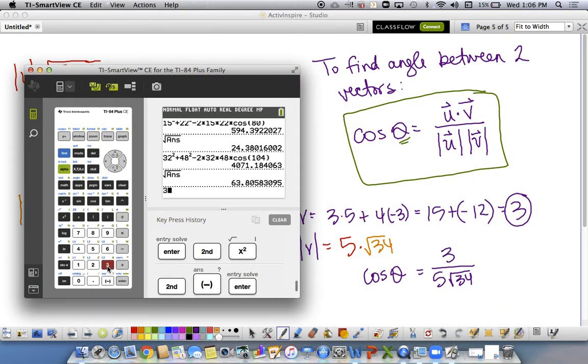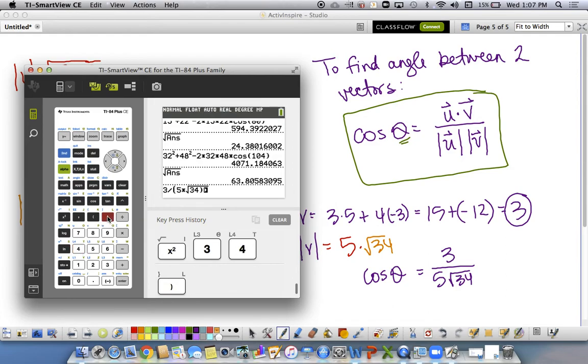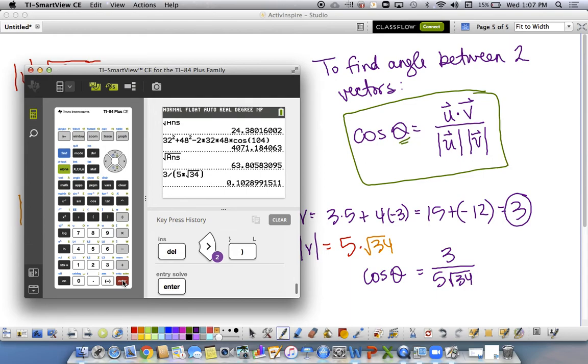Okay, so I have 3 divided by 5 times the square root of 34. Oh, I don't need that parentheses. There, parentheses on the outside of it. Okay, and we have this approximately 0.10289. Leaving all that in my calculator.